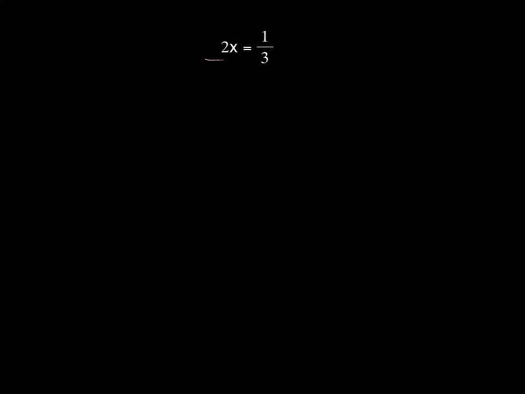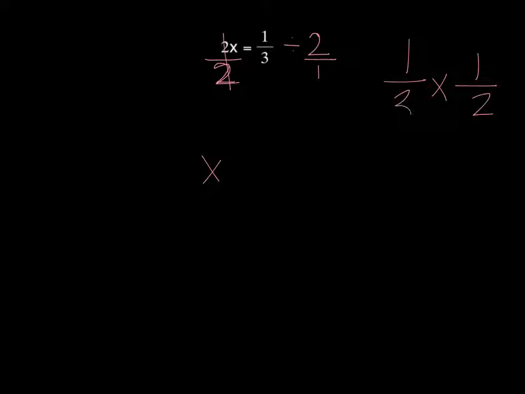So this one I'm going to divide by 2. 2x equals 1/3. So 2x, I'd have to divide by 2 to get rid of it. Then I can divide by 2 right here. So if I found the reciprocal of my divisor, I would do 1/2, and really I'm multiplying by 1/2. What am I multiplying by 1/2? I'd be multiplying 1/3.